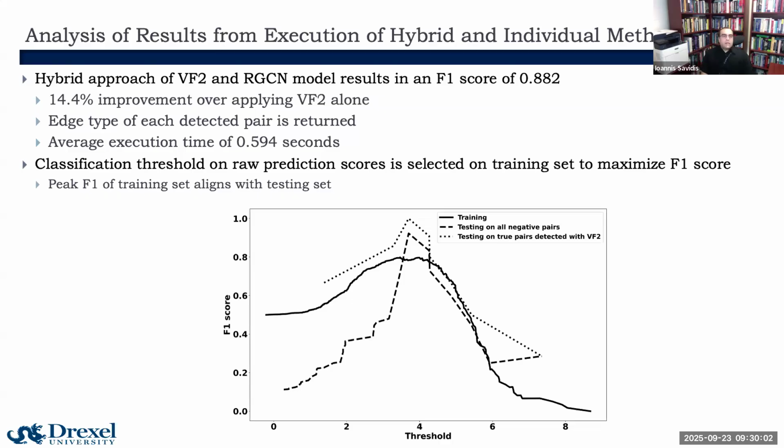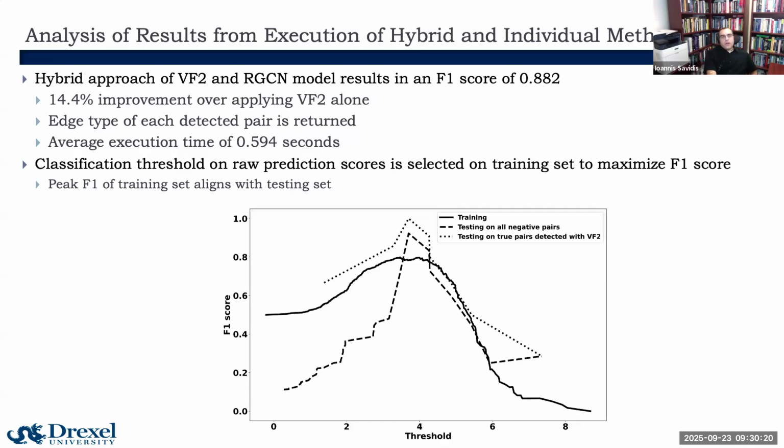And this again shows the overall improvement from using our hybrid approach. There was an overall improvement in group prediction of up to 14.5%. And of course, as we mentioned before, there was a return of the detected pair type.